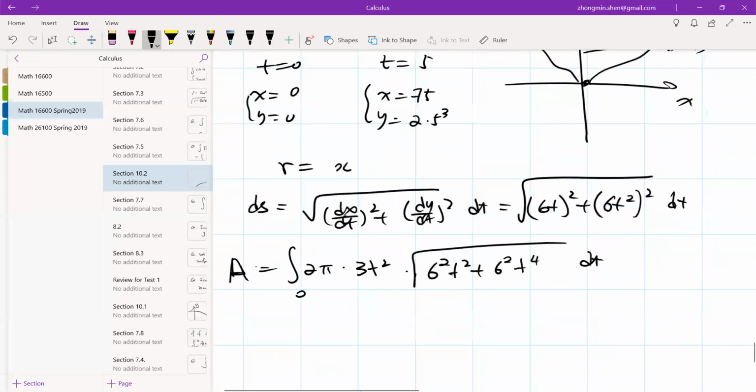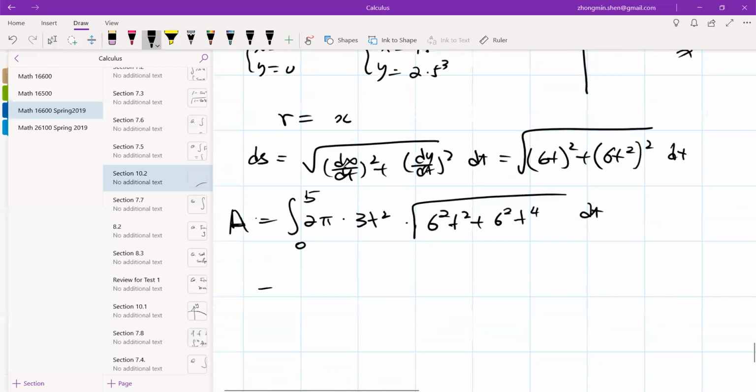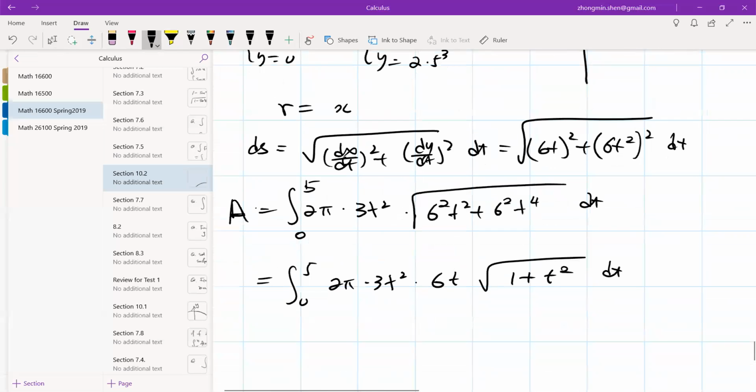It's from 0 to 5 actually, not 1. Let me take 6 out, take a t out. It's the square root of 1 plus t squared, dt. Not too bad.